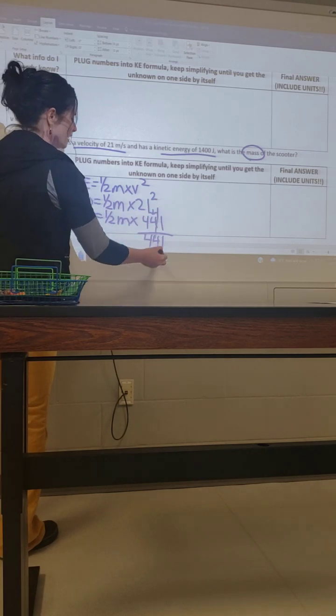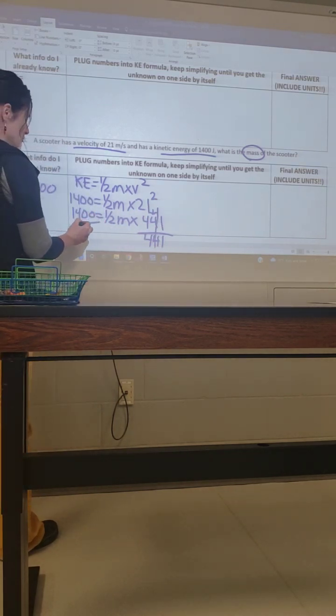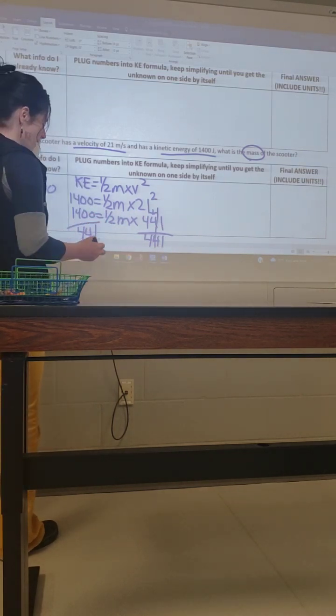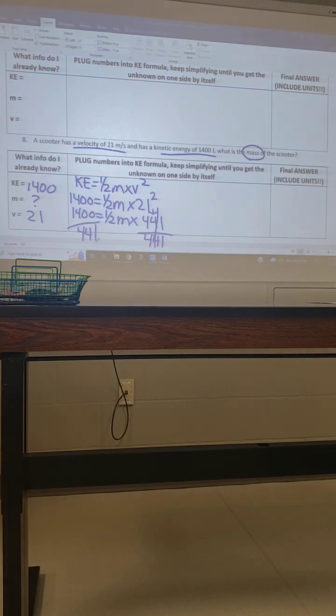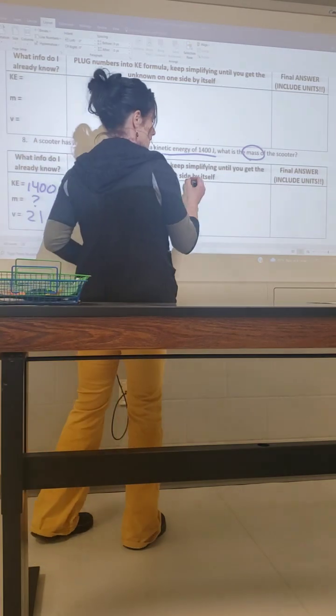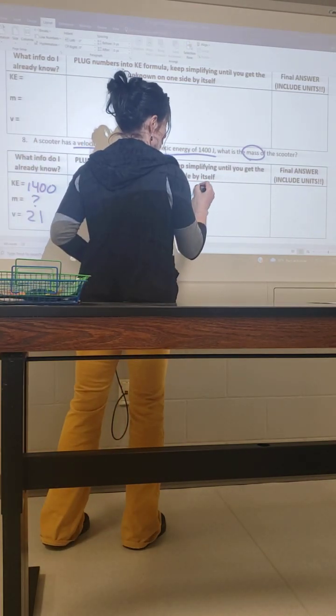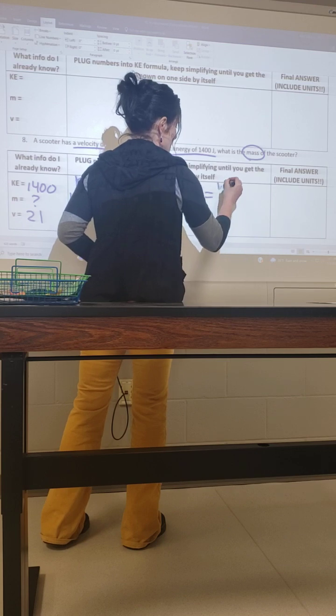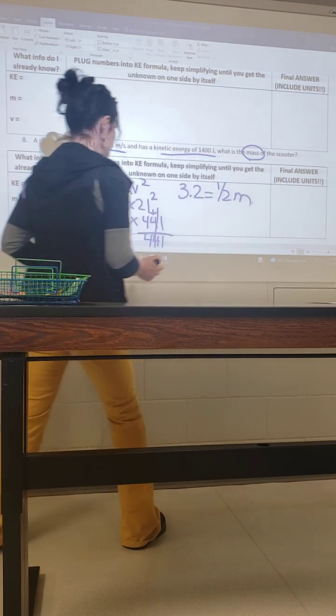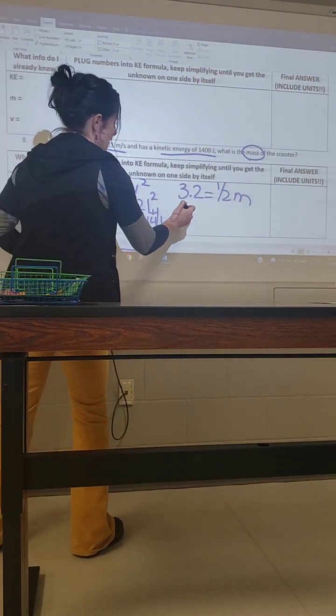So 441 cancels, but you have to do division of 441 on the other side. Rules of algebra, what you do on one side, you do to the other. So what is 1,400 divided by 441? 3.2. 3.2, and that's going to equal 1/2 m.